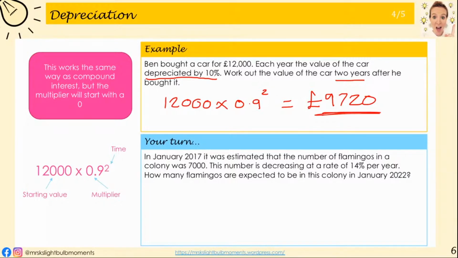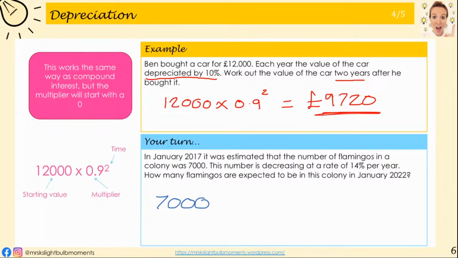Right, are we ready to go through this one? Let's have a look. Our starting value this time was the number of flamingos in a colony, and it was 7,000, decreasing at a rate of 14% per year. So think about what's left if you take away 14 from 100.